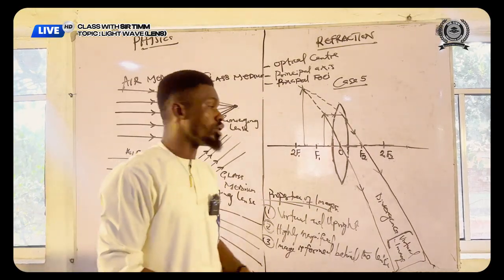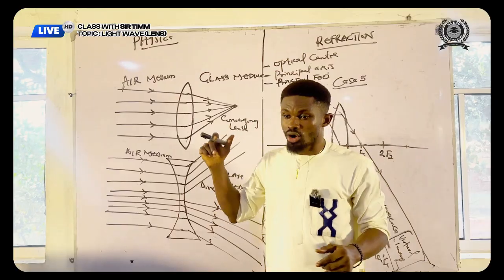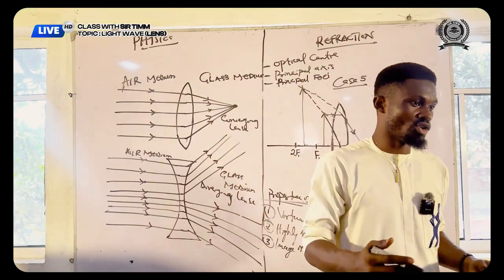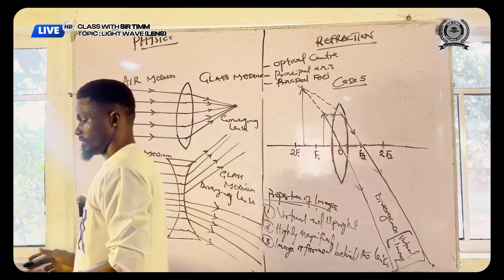With this, we have come to the end of the convex lens or converging lens. Nothing else.